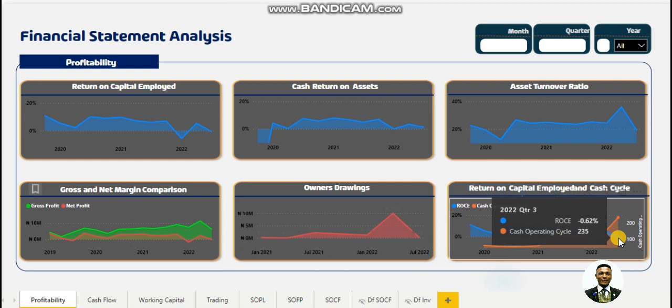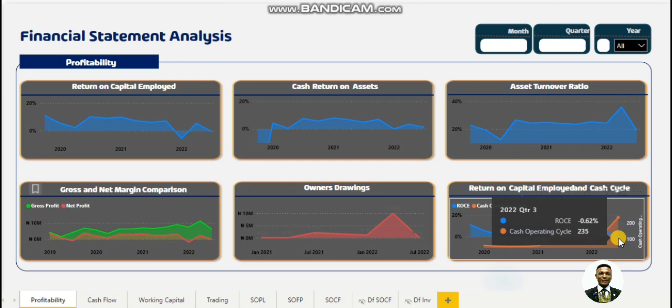Although low, it is able to generate that proportion on a steady note. But then the returns are declining, profitability is declining, showing there's a problem.